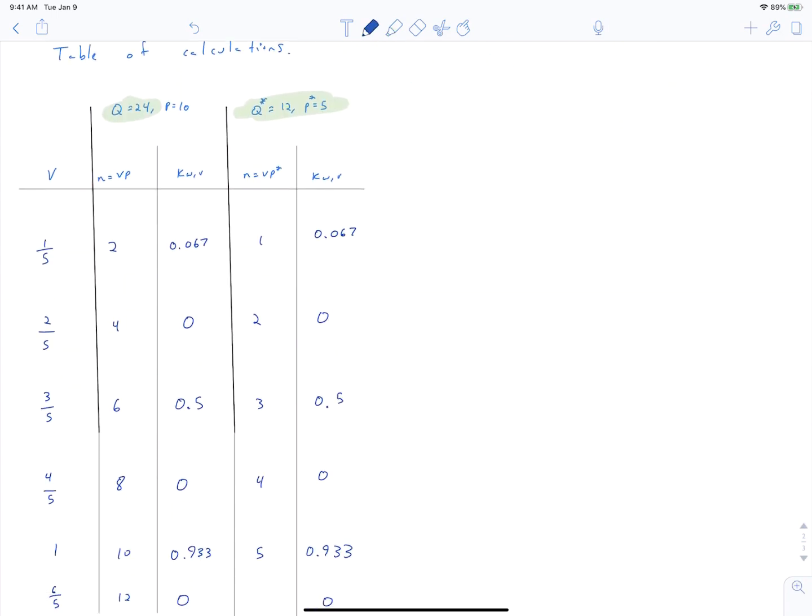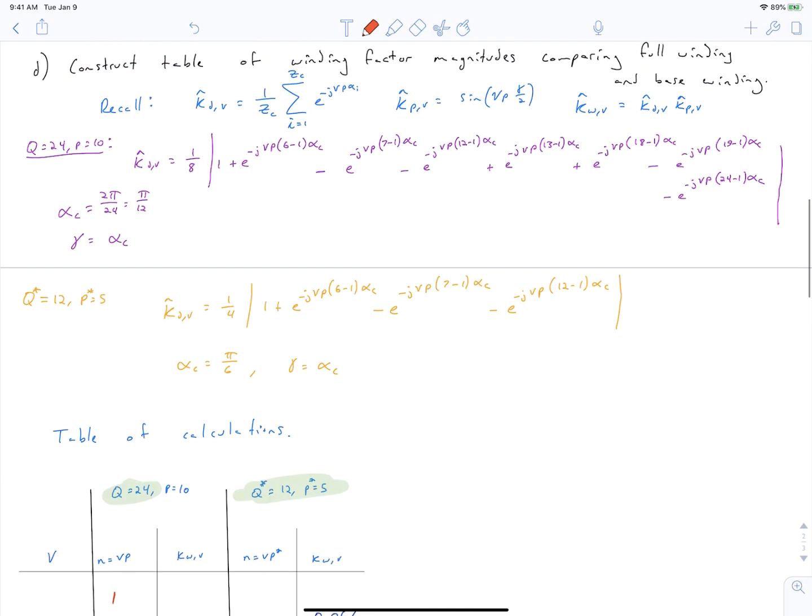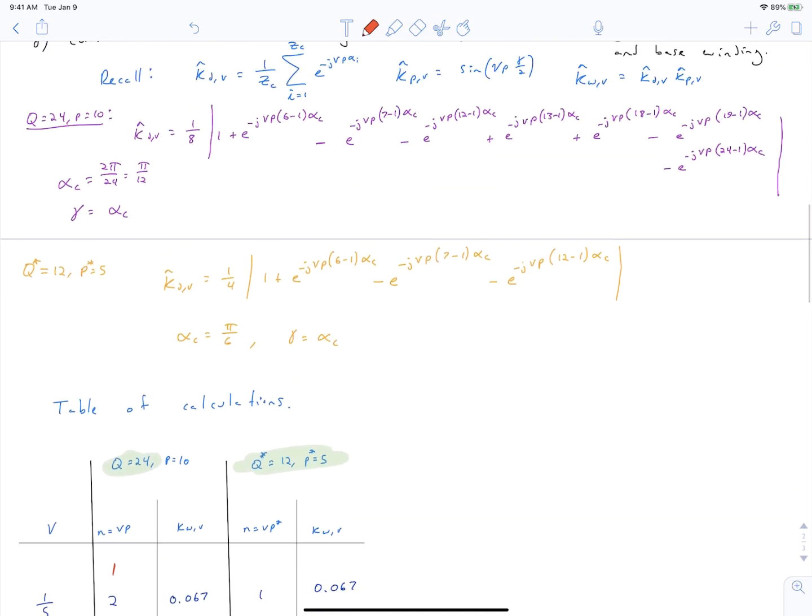Remember that we've said that our harmonic content is only going to be the 1/5, 2/5, and 3/5 harmonics, yet we can see that our full winding actually can have values of n equal 1, 2, 3, 4, 5. So these values I'm labeling in red are harmonics that our predictions say should not exist. And there's nothing that stops you from plugging in those values of n into this expression up here, right?